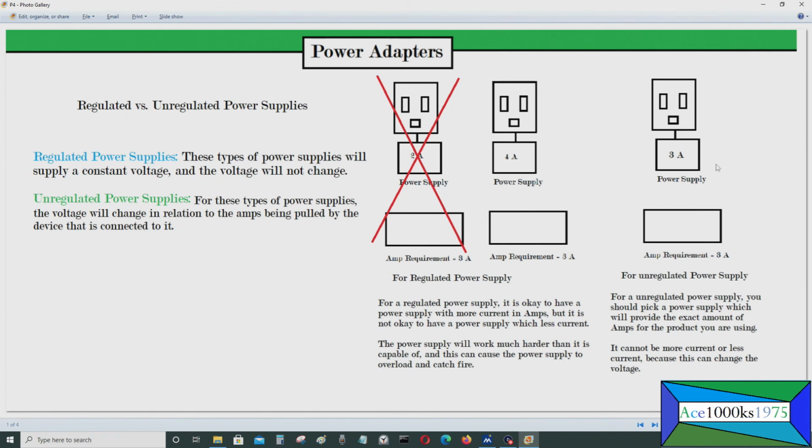Because if the amperage is over it, then the voltage is going to change, because this is an unregulated power supply, and that's not what you want. So you want to pick a power supply which is closest to the amperage that is required for your product, and that's it.